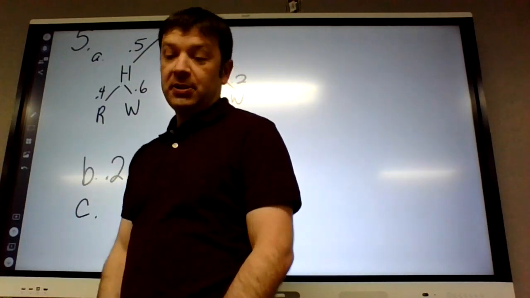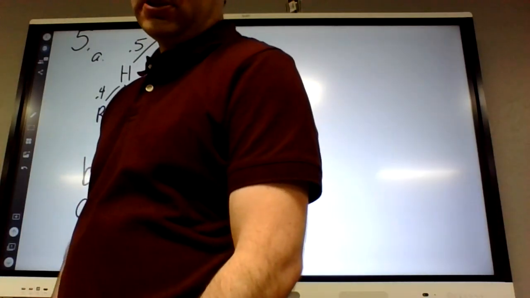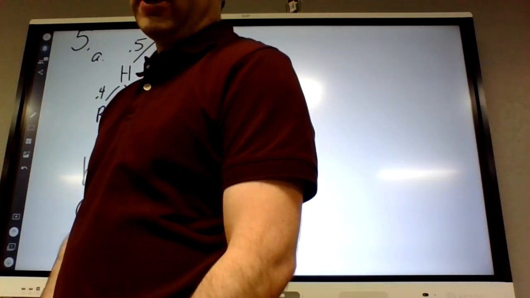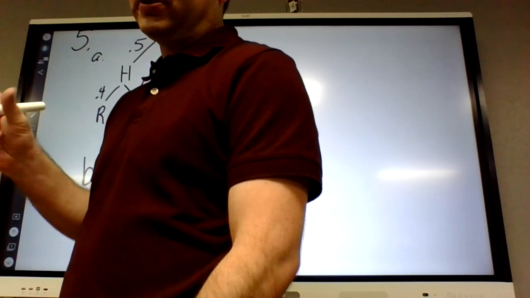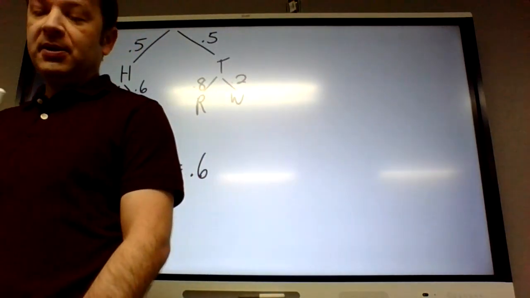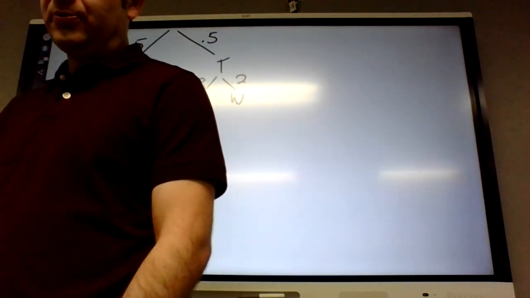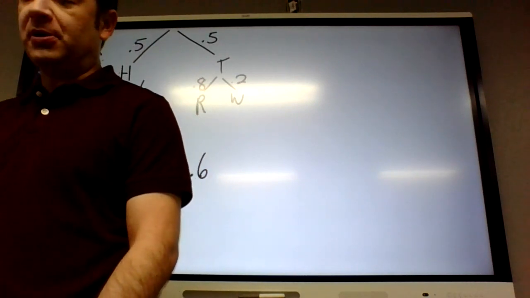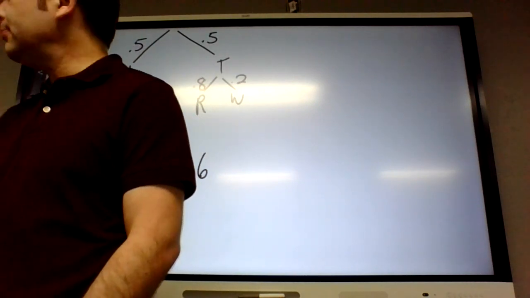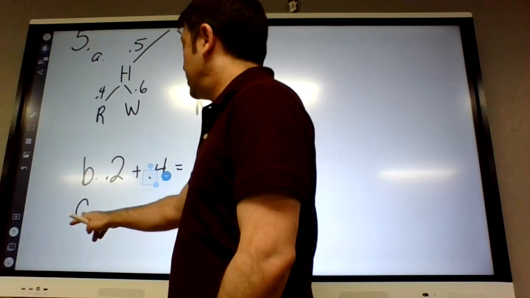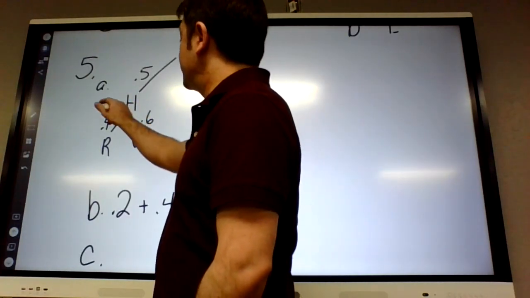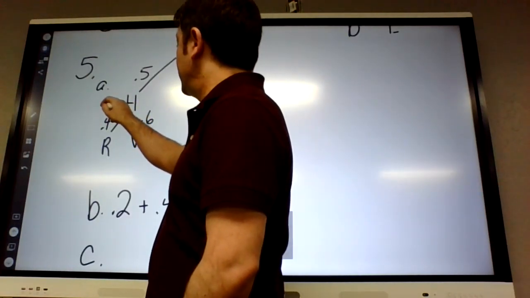Okay. C. If a red ball is picked, okay, this goes back to the tricky one on number 1. If we know we got a red, what's the probability that it came from jar A? 0.2 or 0.6. Okay, yeah. So jar A was the heads flip.